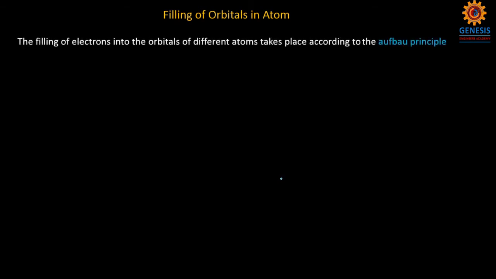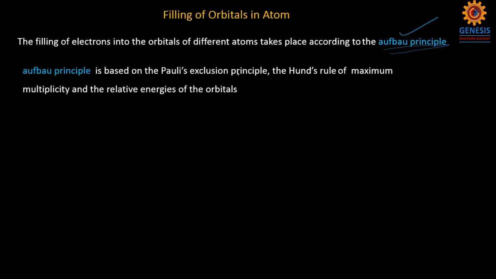Now it is our duty to know the electronic configuration, which we call the filling of orbitals in an atom. The filling of electrons into the orbitals of different atoms takes place according to the Aufbau principle.